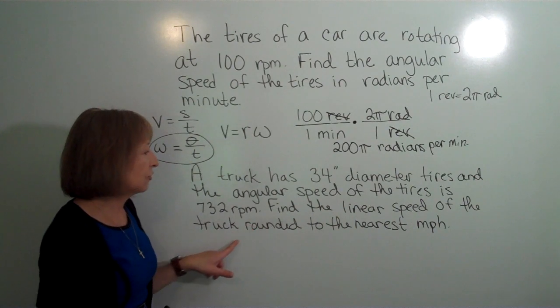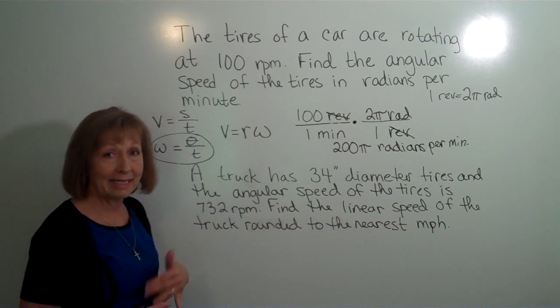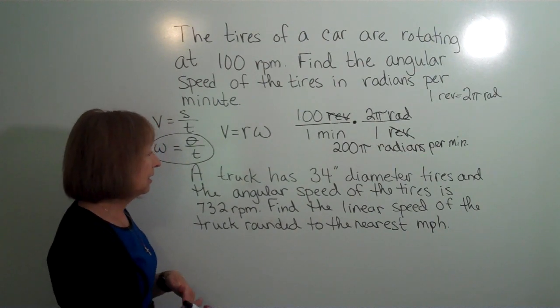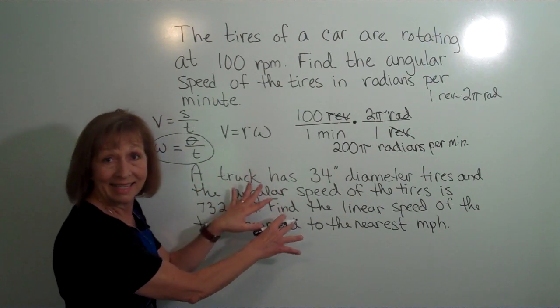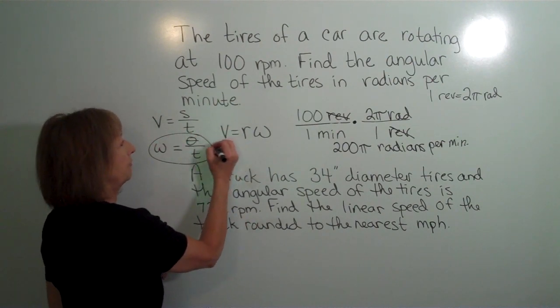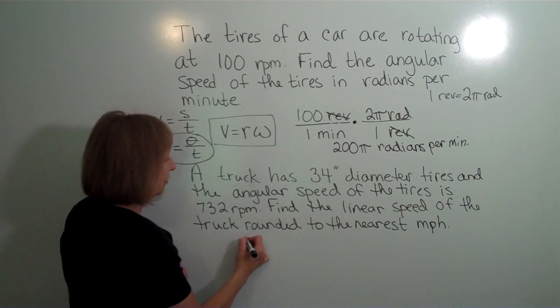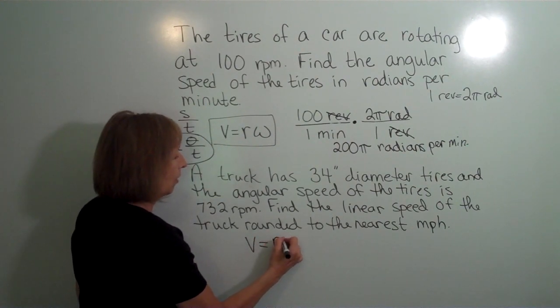Find the linear speed of the truck rounded to the nearest mile per hour. So I'm going to get it exact, and then we're going to round it. So this does connect the linear and angular speeds. So I'm going to use our formula here that connects the linear and angular speeds. So v is equal to r omega.